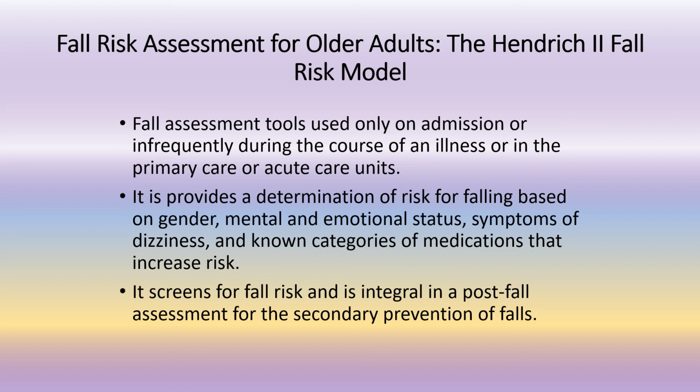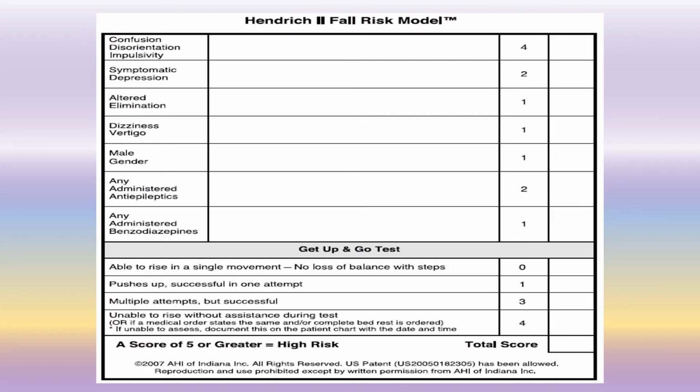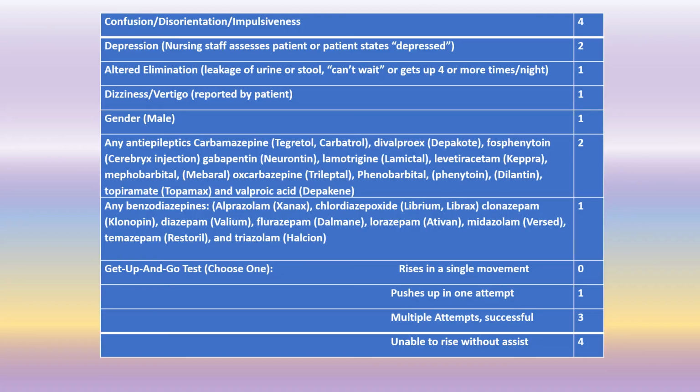It provides a determination of risk profile based on gender, mental and emotional status, symptoms of dizziness, and main categories of medications that increase the risk. So this is how a Hendrich fall model looks like. Okay.